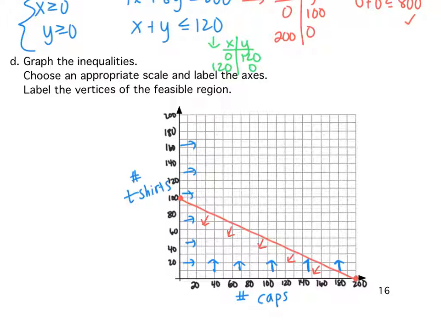When you are ready, graph the second inequality. And again, the shading is towards the origin.